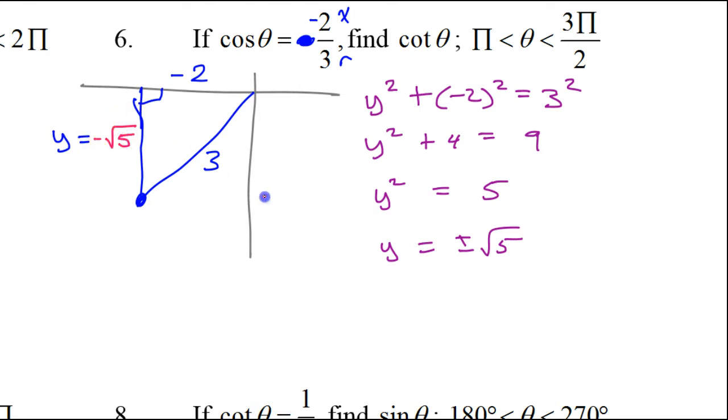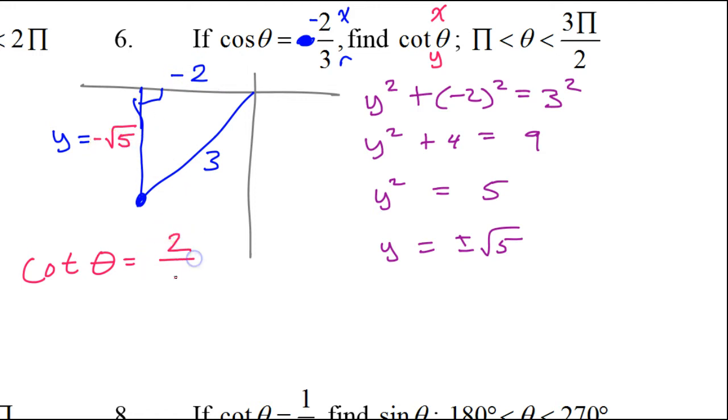So now that I have the y, I can do the cotangent. Cotangent is x over y. Okay, so cotangent of theta is going to be x over y, so that would be negative 2 over negative radical 5.